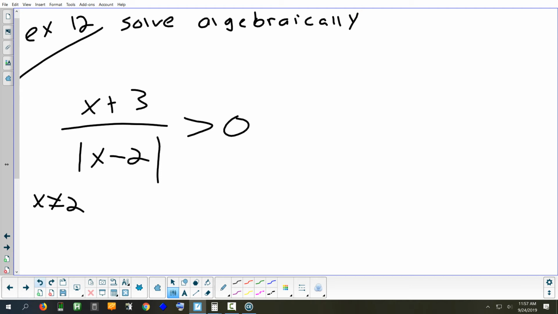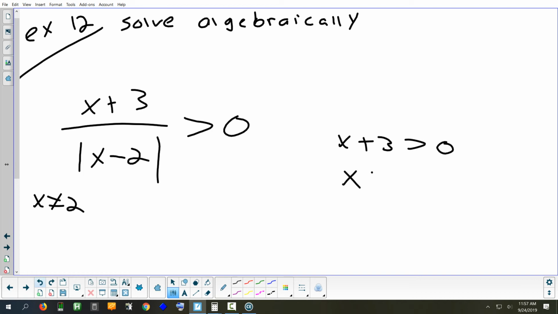So to answer this question, all we have to know is when what? The top. When the top is greater than 0. As long as the top is greater than 0, you're guaranteed the bottom is greater than 0. And if you divide a greater than 0 by greater than 0, you will get a number that's greater than 0. So when is the top greater than 0? When x is what?